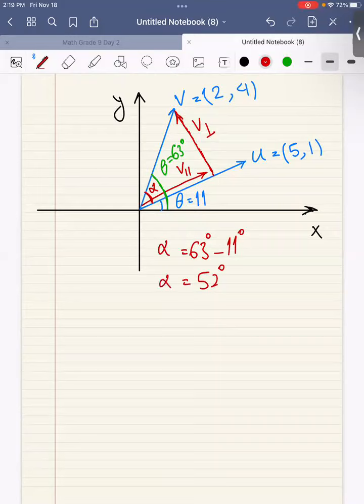Okay. Now I want to find the V parallel and V perpendicular.